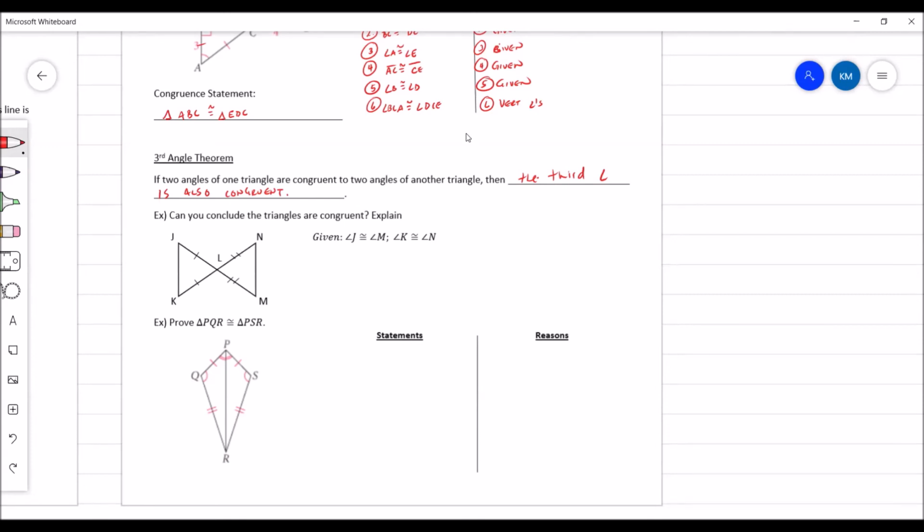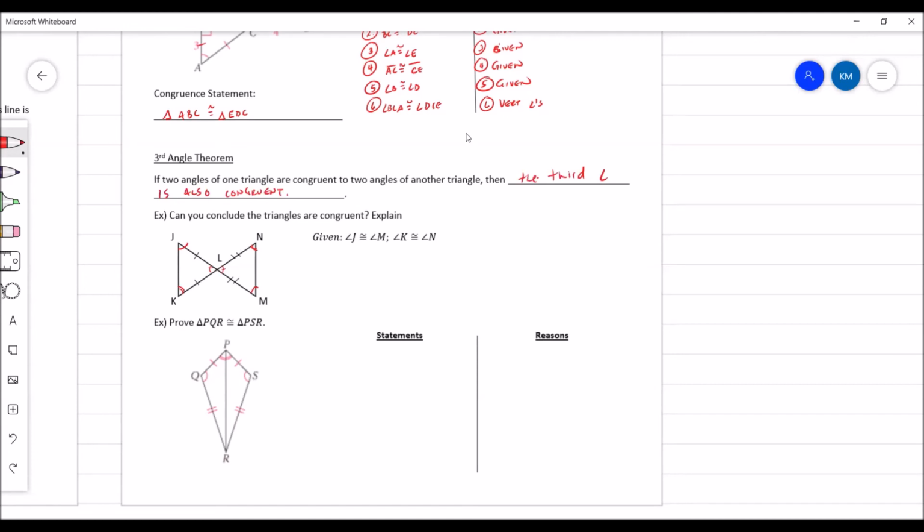This last problem says, can you conclude that the triangles are congruent? Explain. So the given information is that angle J is congruent to angle M, and that angle K is congruent to angle N. Okay. And then if we look at this, we have vertical angles here, so you might be like, oh yeah, we have all the angles.